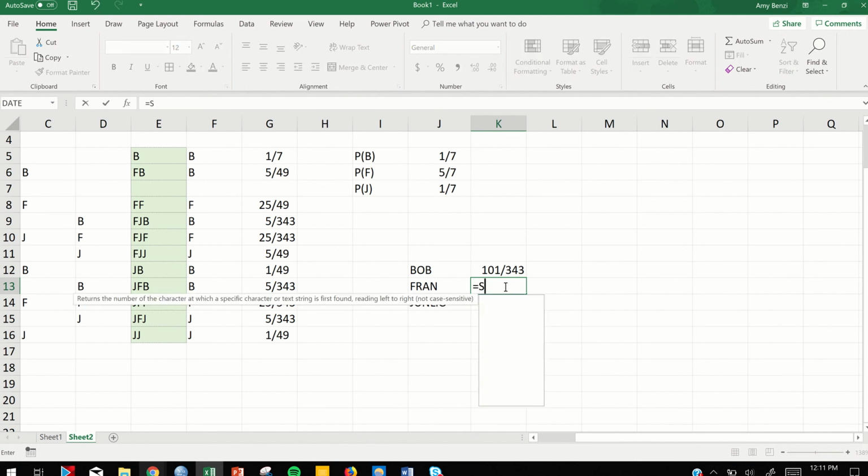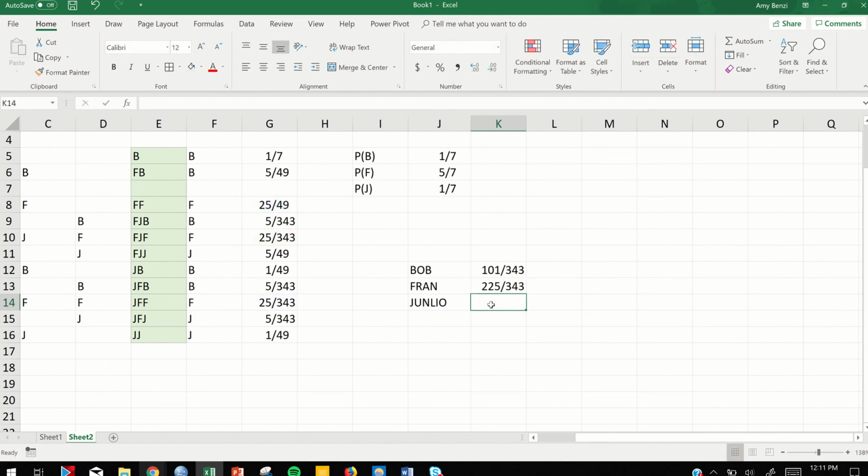All right, what are Fran's probabilities? So equals sum. And then you just click on Fran's wins, putting a comma between each of Fran's wins. She only has 3. And then we do the same thing for Julio's wins. Looks like I got an N in Julio's name. Julio's wins.